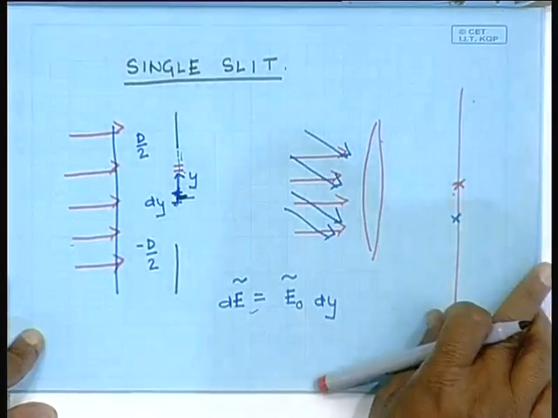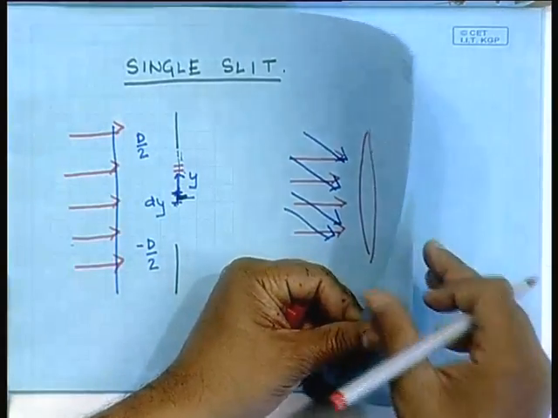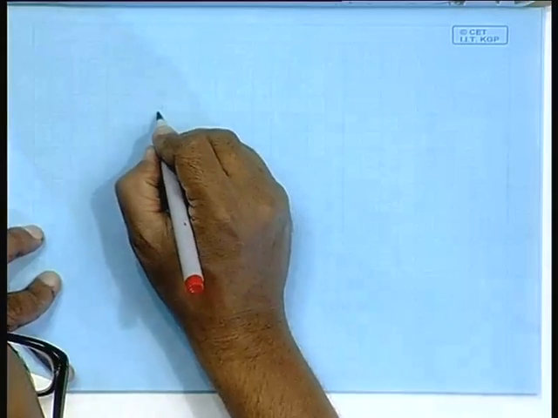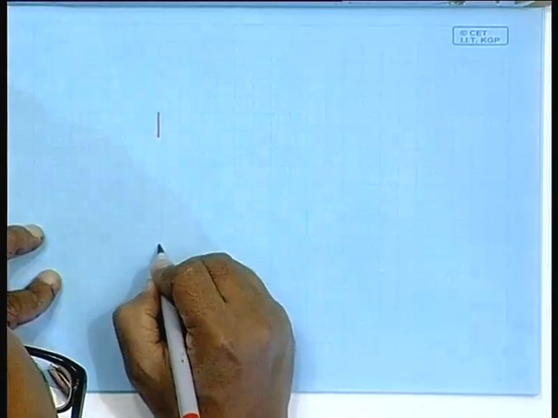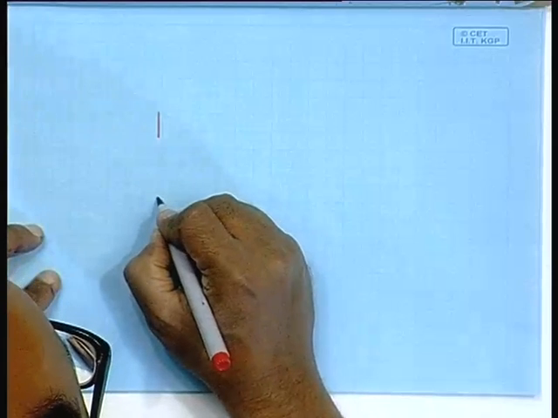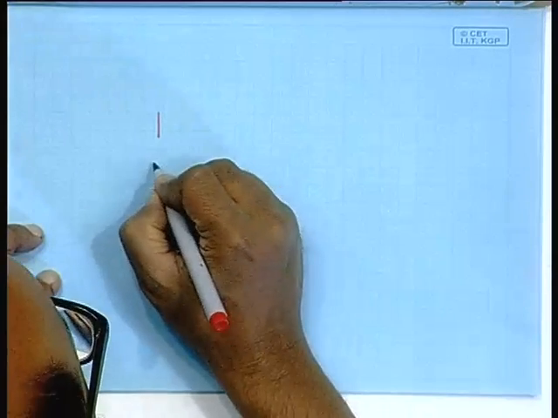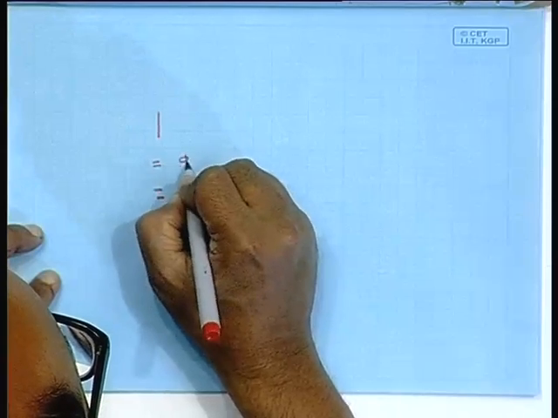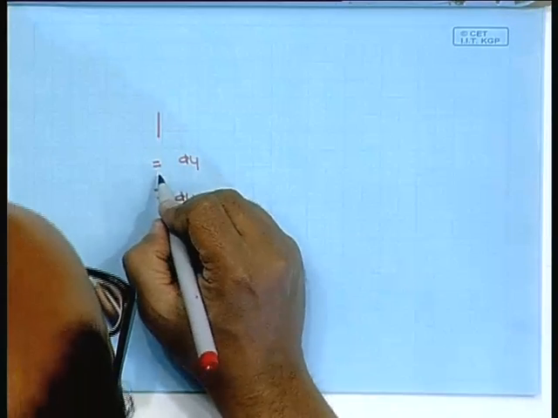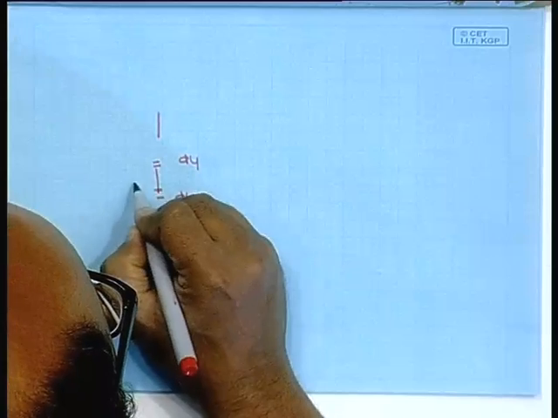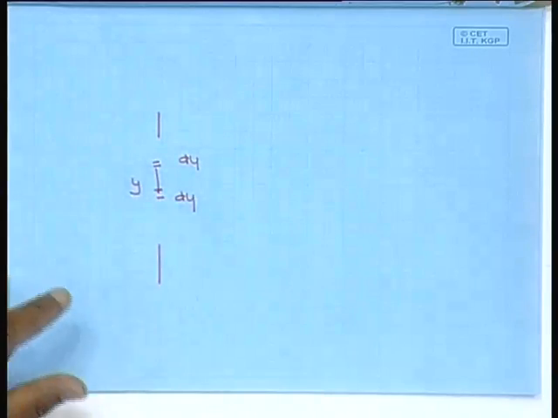Let me draw this picture a little more enlarged. This is my slit, this is the line element dy at the origin, at the center of the slit, and this is the line element dy a distance y away from the center.